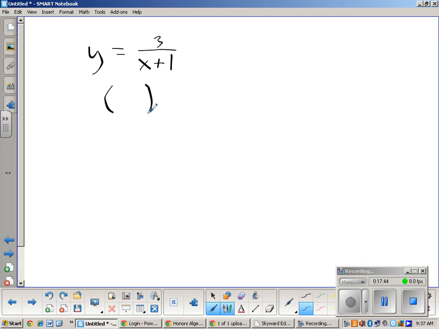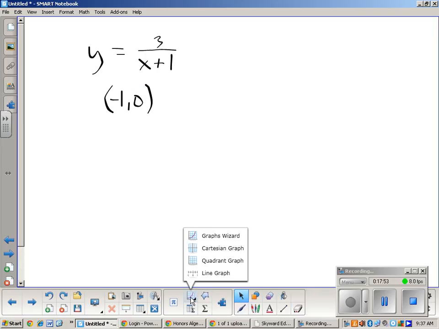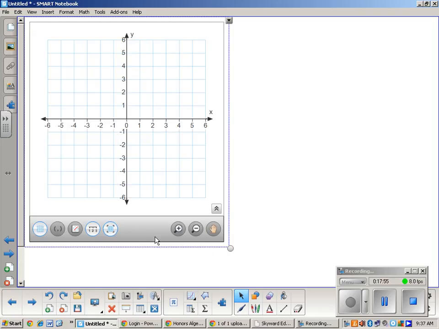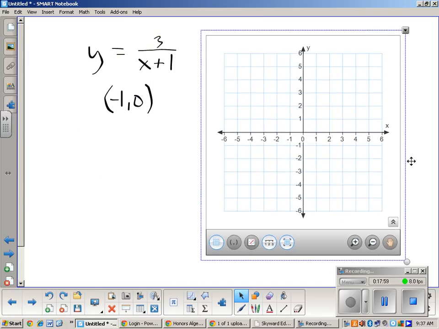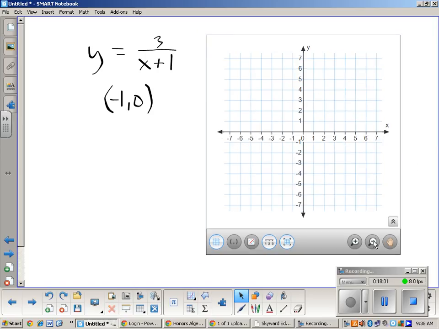Would the new origin be (-1, 0)? And I would agree with that completely. So the only dotted line I have to draw is this vertical one, where my new vertical asymptote is x equals -1.